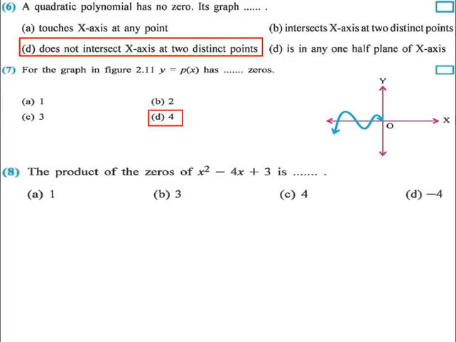The product of the zeros of x square minus 4x plus 3 is blank. The coefficient of x square is 1, the coefficient of x means b is equal to minus 4 and the constant term c is equal to 3.